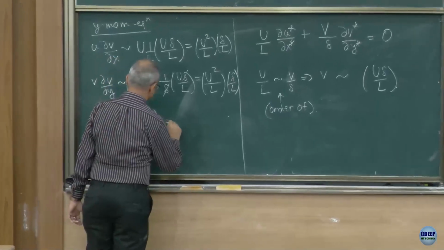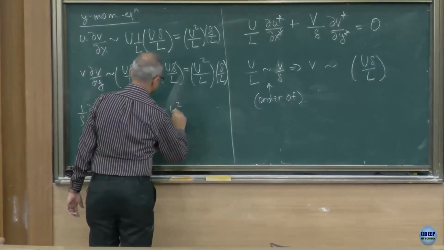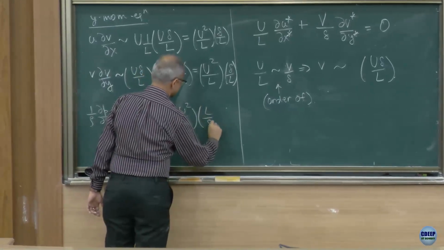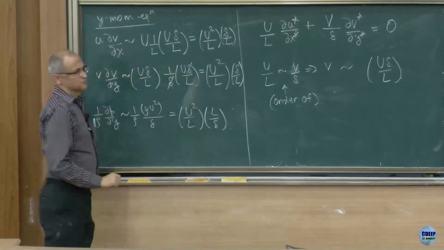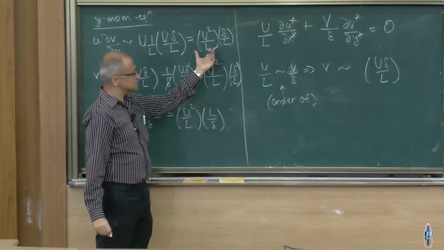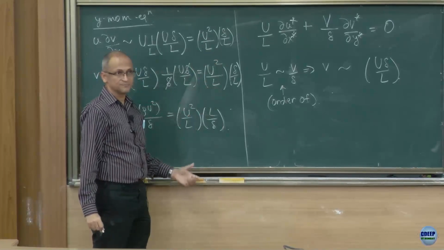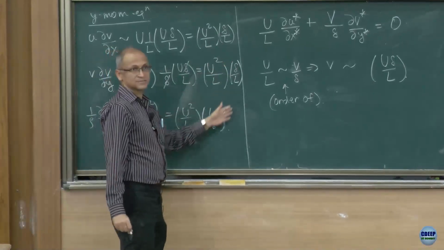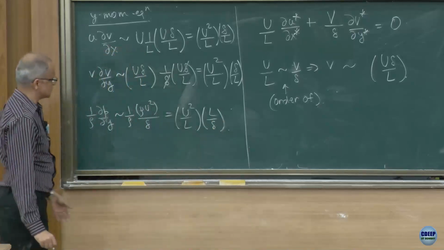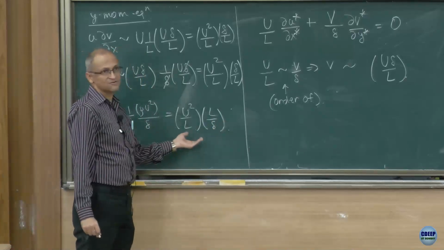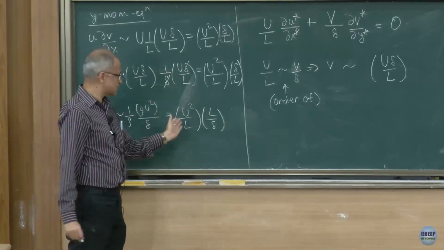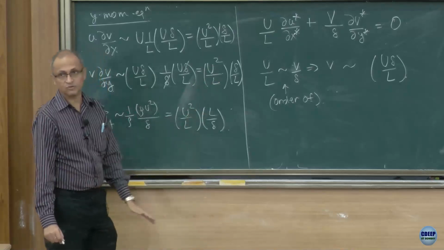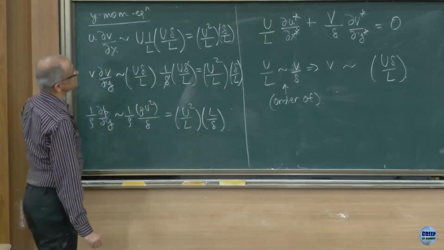So this is equal to u square upon L times L upon delta. What we are trying to do is just keep one term, u square upon L, common in all of them, so that we can then compare the remaining and see what is happening. Although there is no L here, I have brought an L here, just so that I make the first bracket term common across all the terms for ease in comparison.